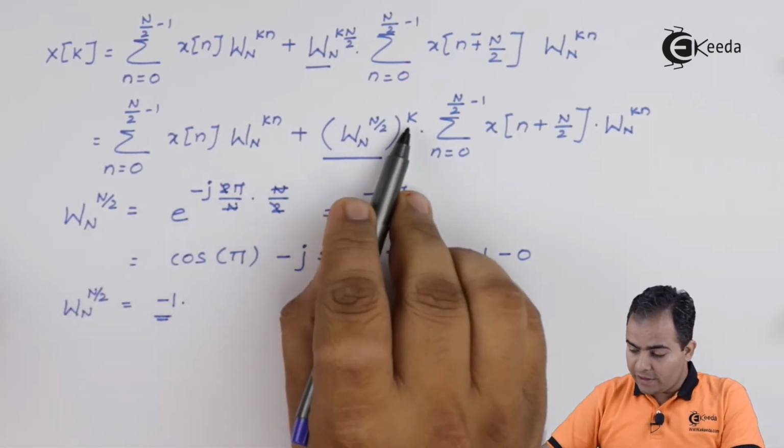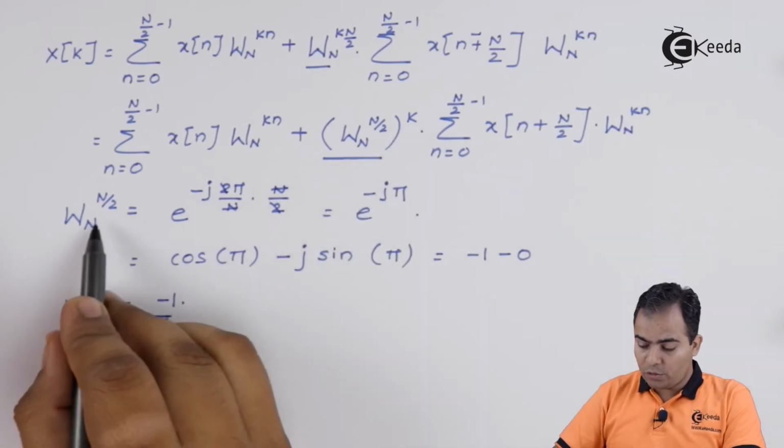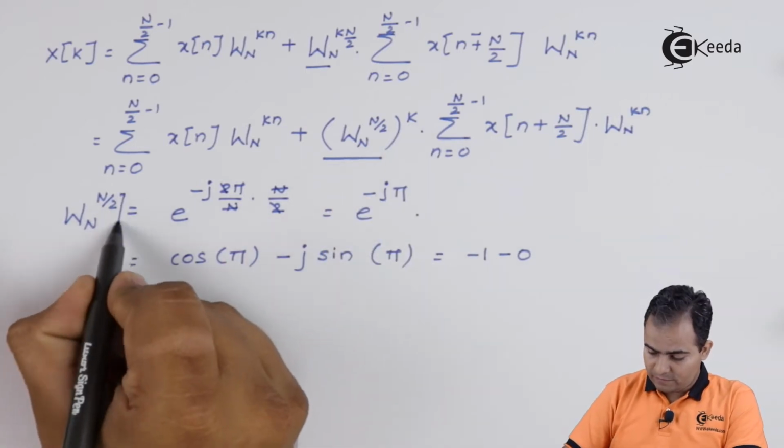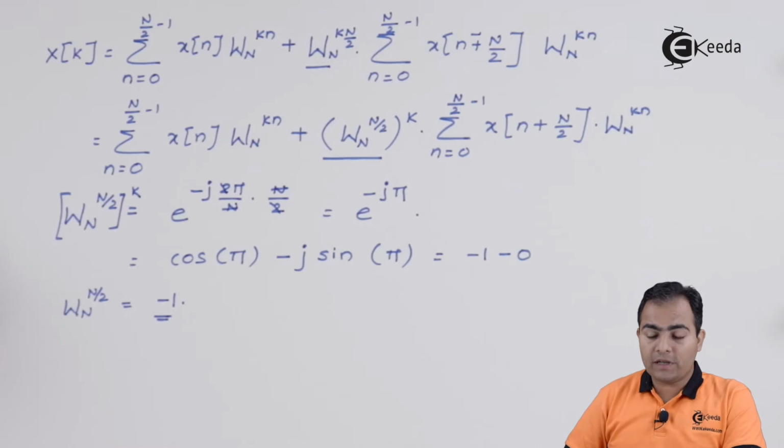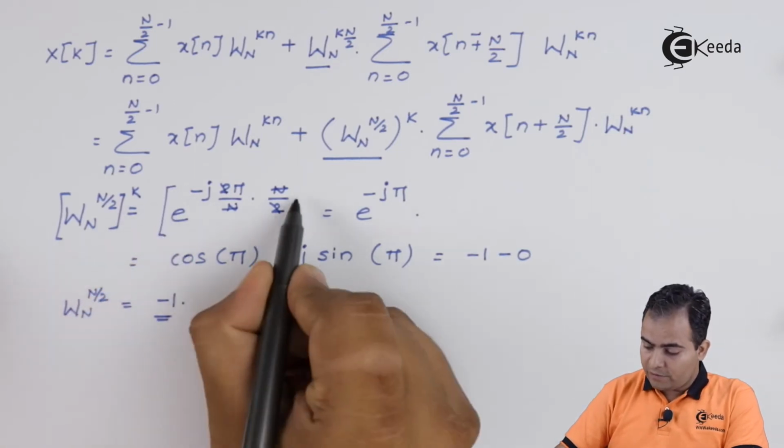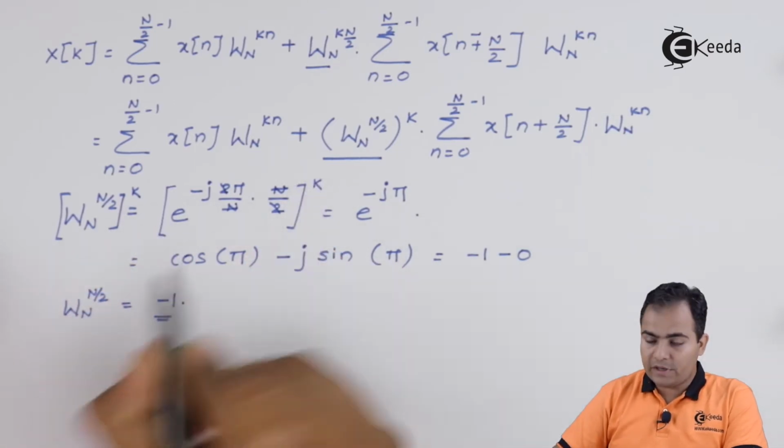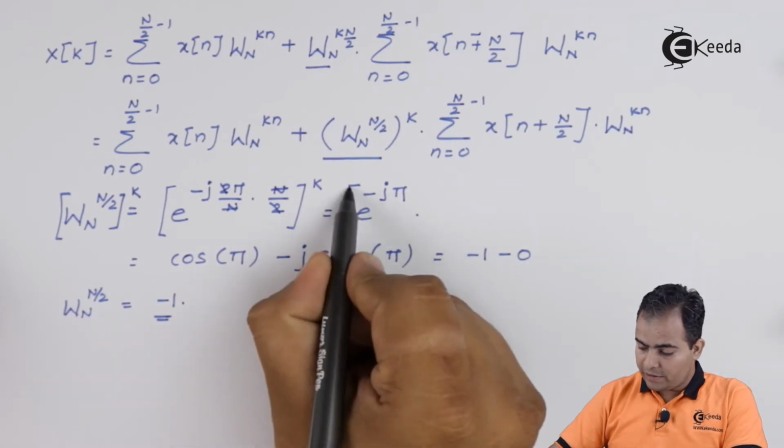Now if I write power k over here, then what will happen? We will have a power k over here also.